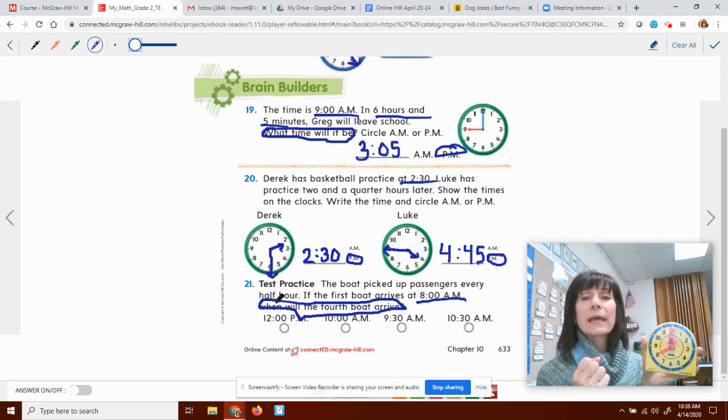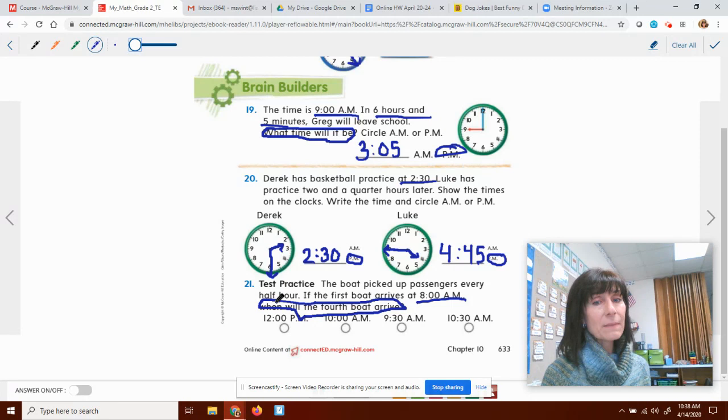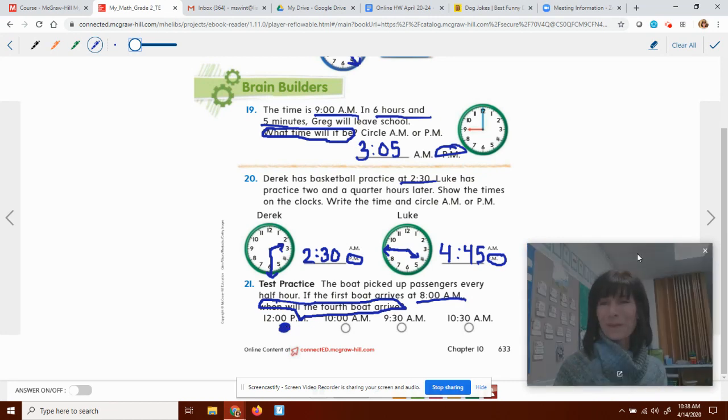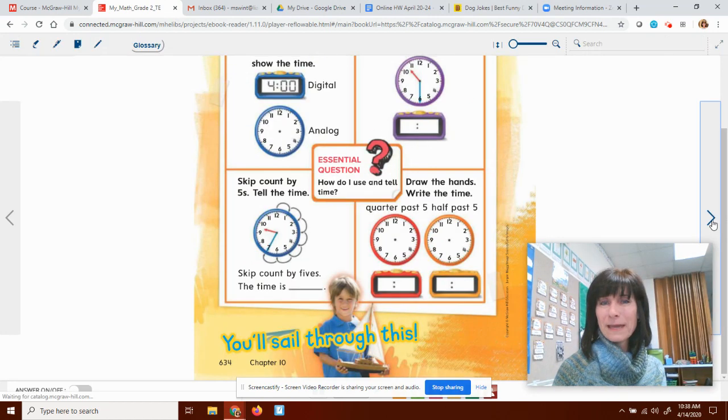You could say 8 a.m. All right, that's the first boat. 9 a.m., 10 a.m., 11 a.m., 12, 4 hours, 12. And we're not going to be a.m. because when it hit the 12, we hit p.m. Right around lunch hour.